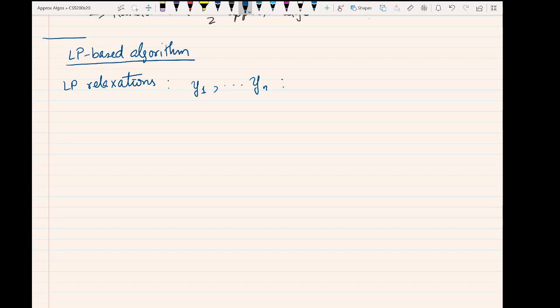y1 to yn as the variables for x1 to xn, and z1 to zm as variables for clauses.